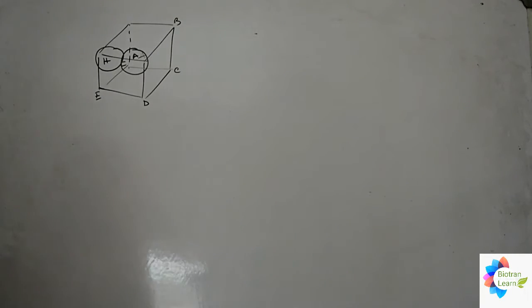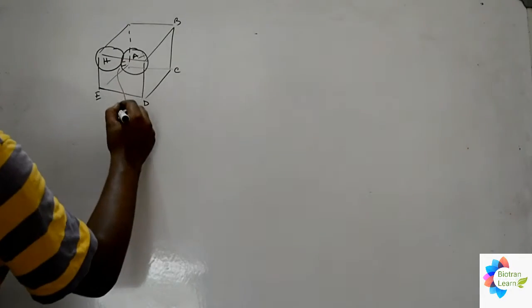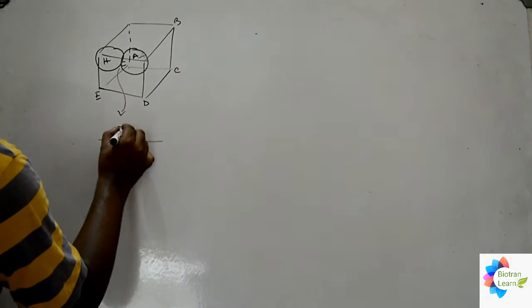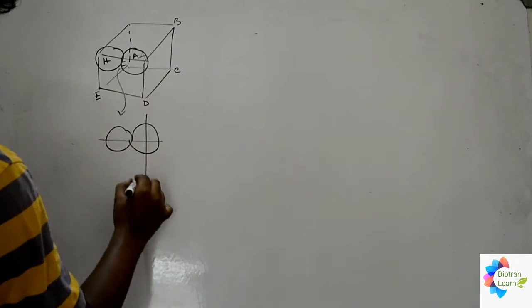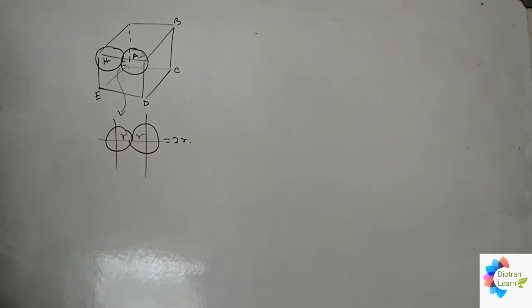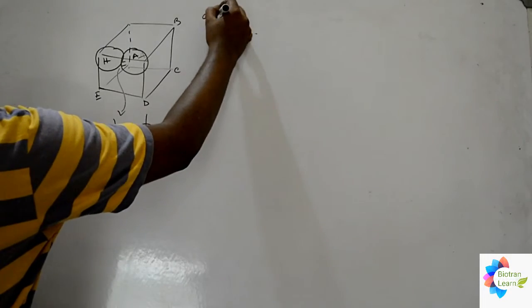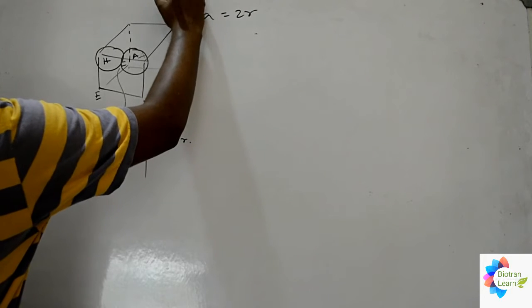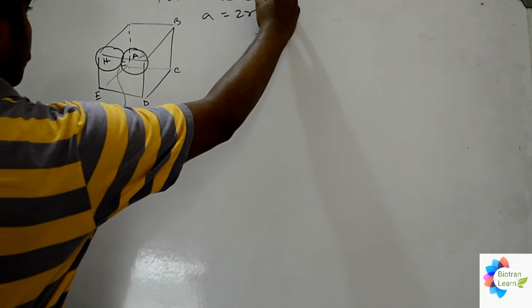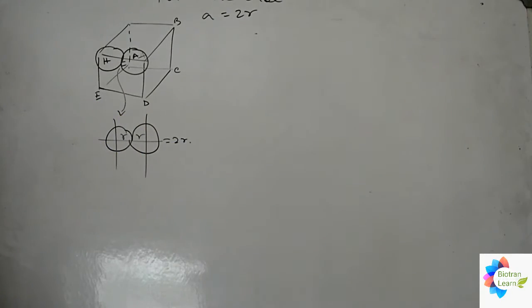So here, in this way we can say that there will be half of this, and R plus R will be equal to 2R. Hence we can write a is equal to 2R. This is a primitive cube. So in this particular case a is equal to 2R, right?